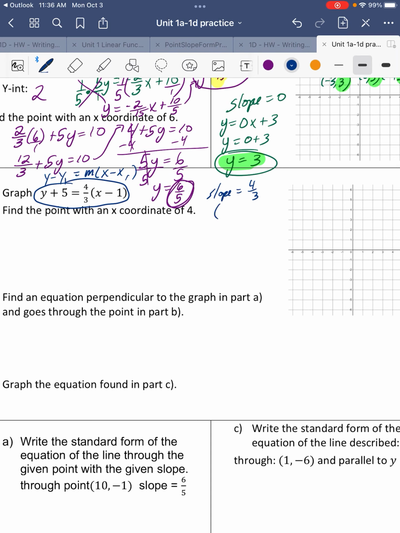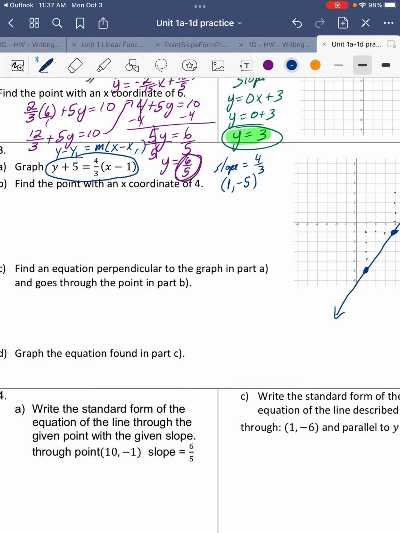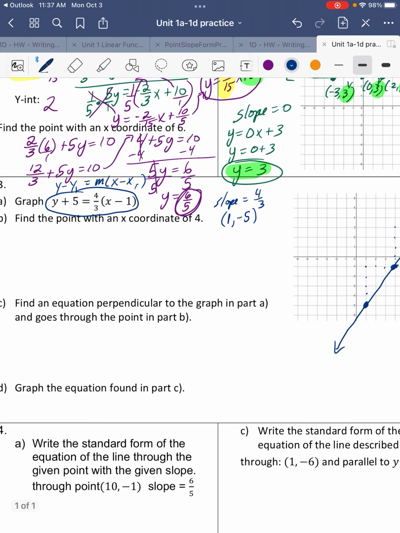Your point is going to be, the x value is going to be -1, the y value is going to be negative 5. So -1, -5, that's your point, and you get your slope from there. So up 1, 2, 3, 4, right 3. You can do that again, up 4, right 3. And there's your graph.